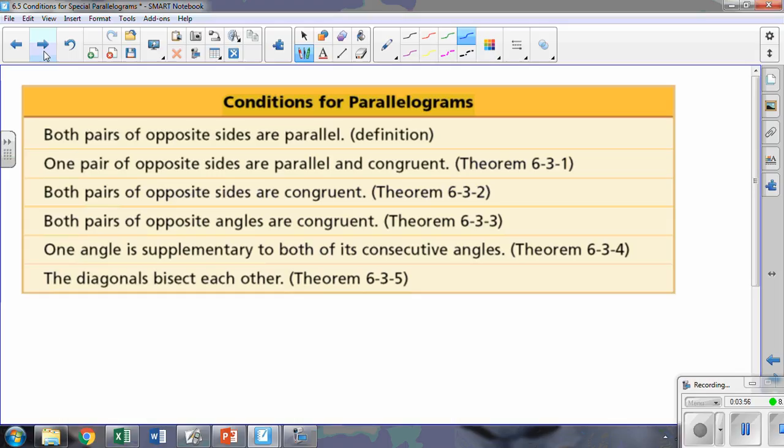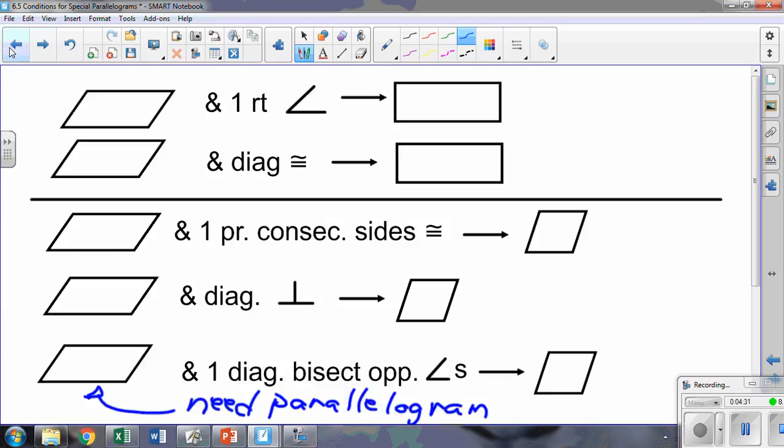We know that you can get a parallelogram by getting 2 pairs of opposite sides that are parallel, 2 pairs of opposite sides congruent, 2 pairs of opposite angles congruent, 1 pair of opposite sides that are both congruent and parallel, 1 angle being supplementary to 2 different angles, or having the diagonals bisect each other. We will still need to use this list of tools to explain why something is a parallelogram, and after using this list of tools to get a parallelogram, we will use this list of tools to say what kind of special parallelogram.